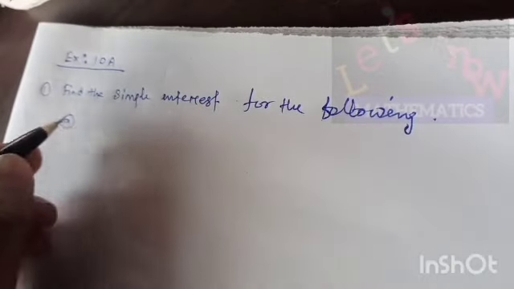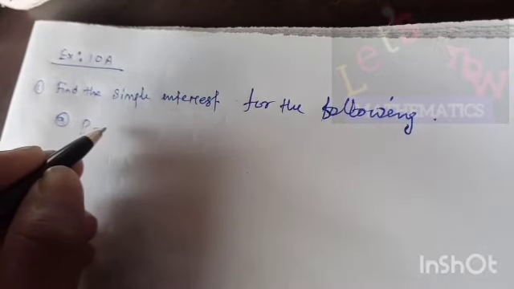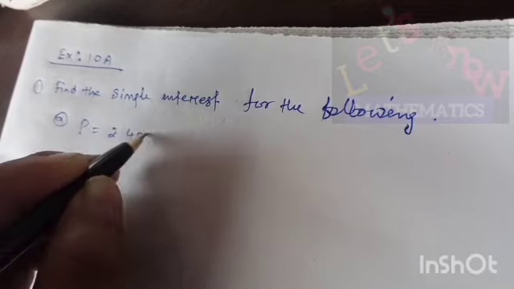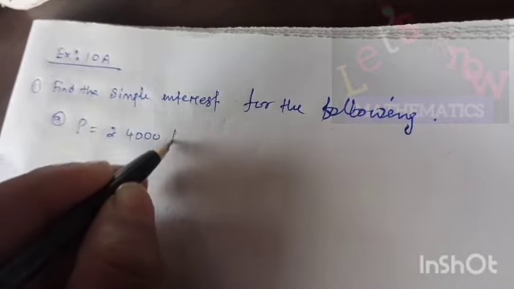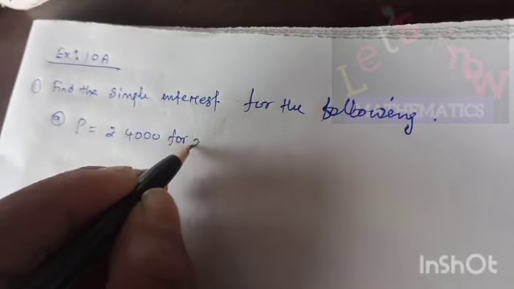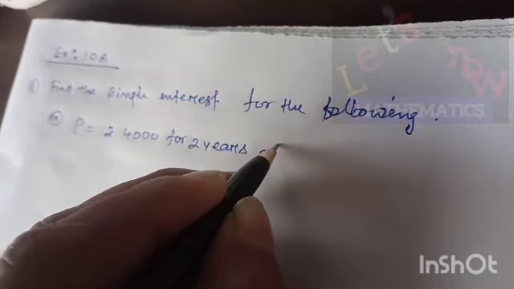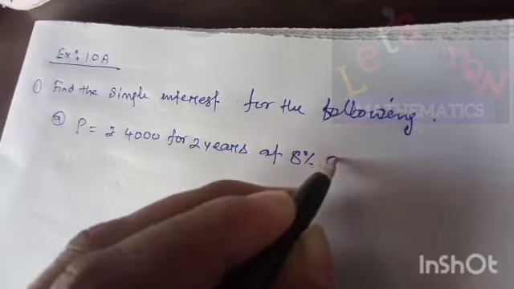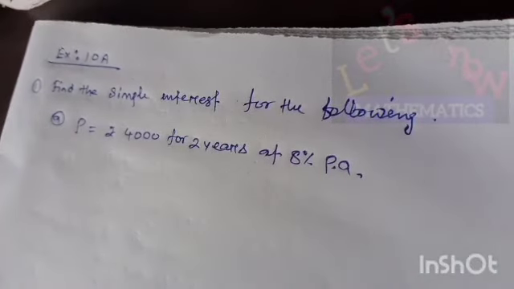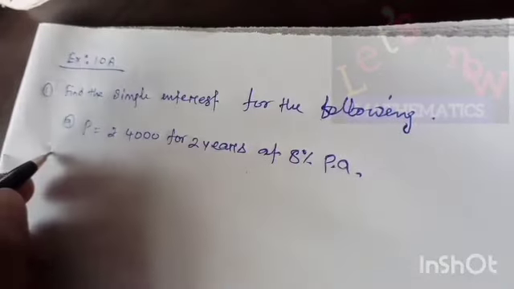Number A: principal P is equal to rupees 4,000 for 2 years at 8% per annum. Okay, that means we are going to solve it.